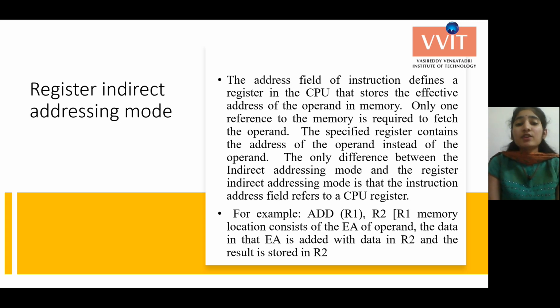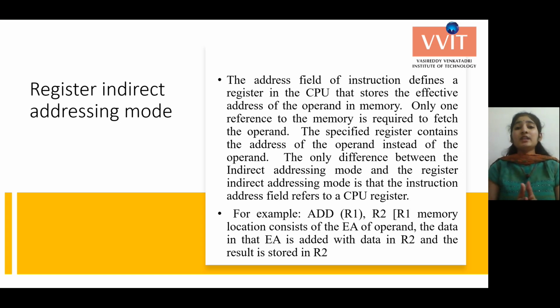For example, add (R1) comma R2: R1 contains the effective address of the operand, and the data at that effective address is added with the data in R2, and the result is stored in R2. In this also, we use one reference to memory and one reference to registers.